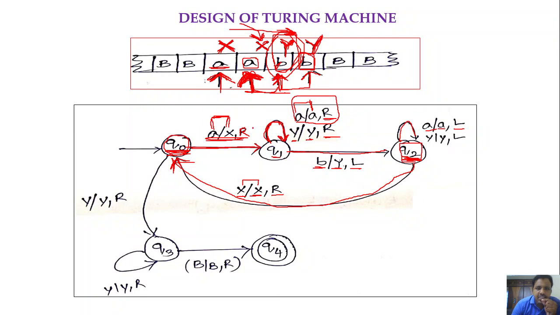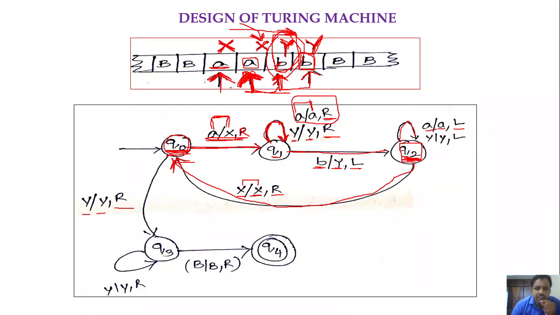In q0, if we get y, what it means is we have no more a's, right? We are not having any further a's to convert to x. So in q0 if we get y, we keep that y as it is and move the head towards the right. Why are we moving towards the right?